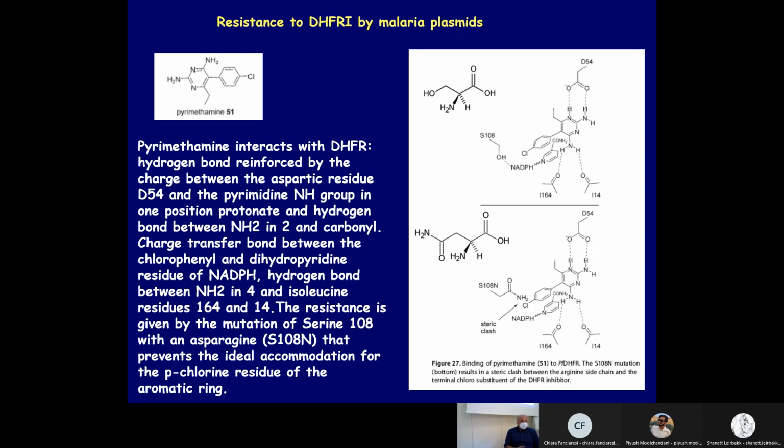We'll see other examples of resistance due to a mutation of only one amino acid. So it is very important to understand why some strains are resistant, because it is possible to modify the chemical structure of the inhibitors in order to overcome this type of resistance.